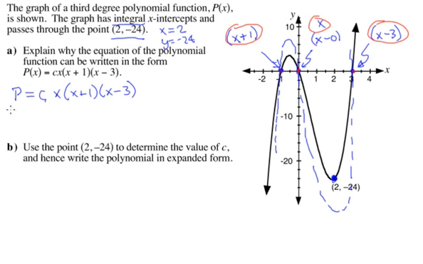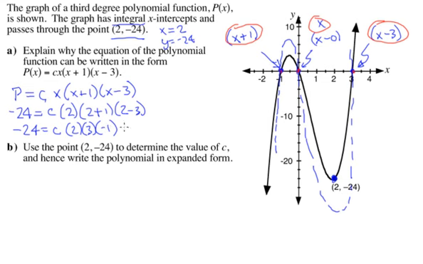We can say if our polynomial is -24, then that's got to be c times x times x plus 1 times x minus 3. That would mean -24 is c times 2 times 3 times -1, which would mean -6c is -24, and after a few moments of algebra, we get the c value must be 4.